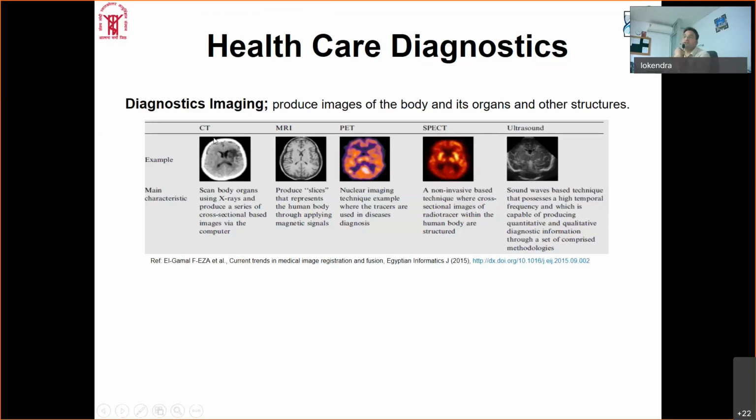So CT, that is computed tomography, MRI, magnetic resonance imaging, PET imaging, SPECT, ultrasound. You might have heard all these things, and this is one aspect of diagnostics that we call imaging diagnostics.